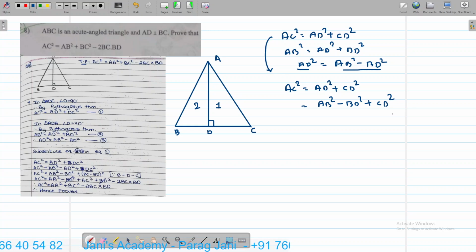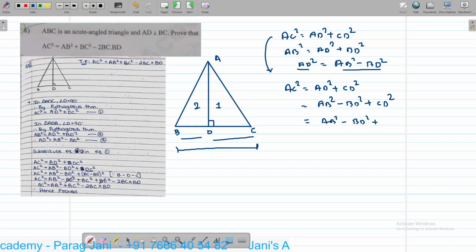Now from here, AB square minus BD square plus CD square. See, what is CD? CD is BC whole minus BD.